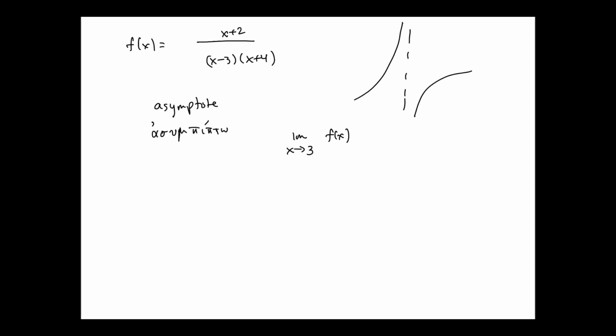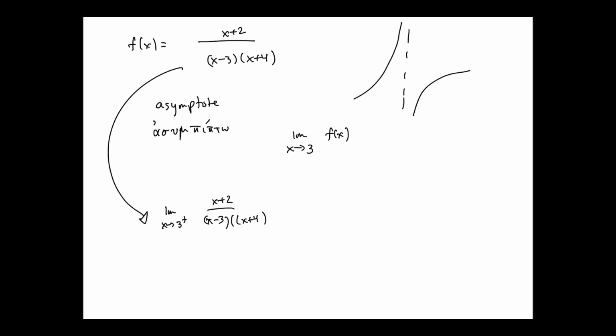No. So what I'm going to have to think is, if x approaches... let me just do the limit as x goes to 3 from the right of (x plus 2) over (x minus 3)(x plus 4). Because there's no cancellation, and if I just plug in 3, I get a division by 0, that should clue me in that I'm going to be in a plus or minus infinity kind of situation.